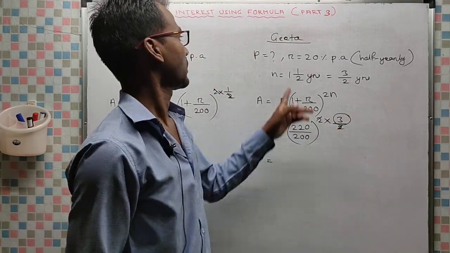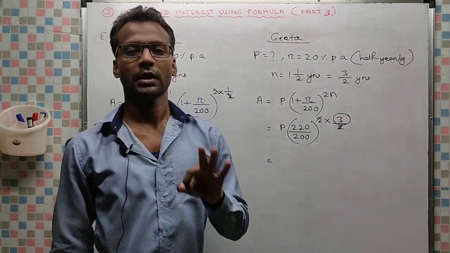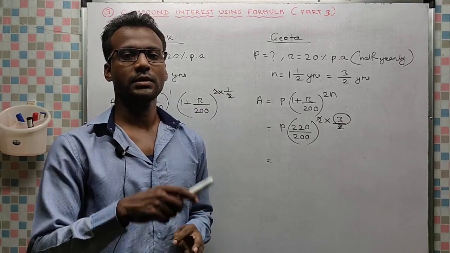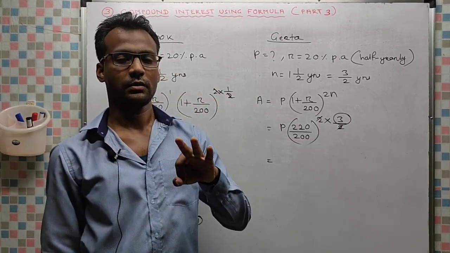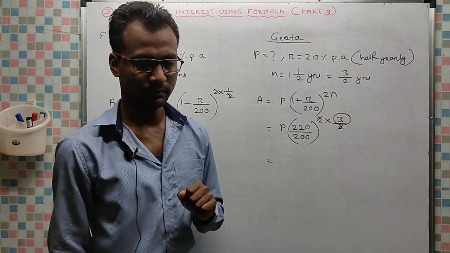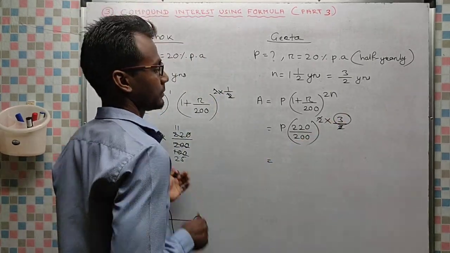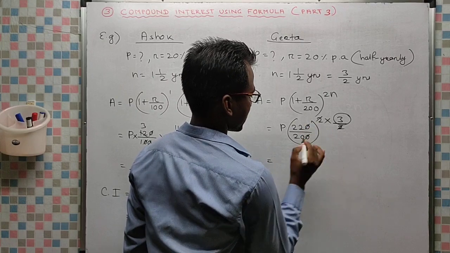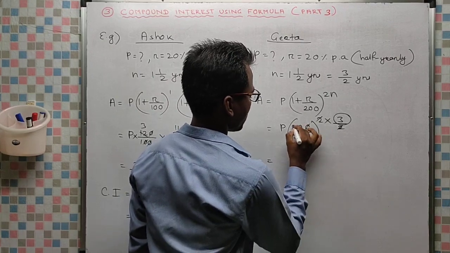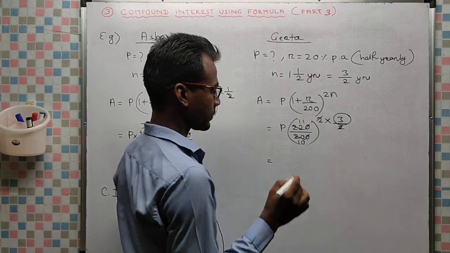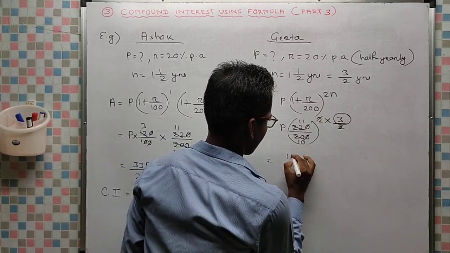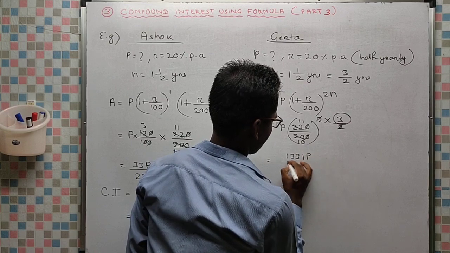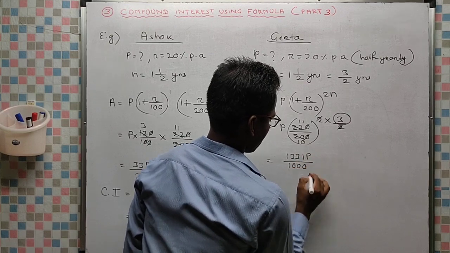Because for Gita, the interest will be calculated 3 times: 1.5 years, 6 months, 6 months, 6 months. So 3 times the interest will be calculated. For that reason, power is 3. The zeros cancel, 2 tens are 20, 2 elevens are 22. So 11 by 10 whole cube. 11 cube is 1331P by 1000.